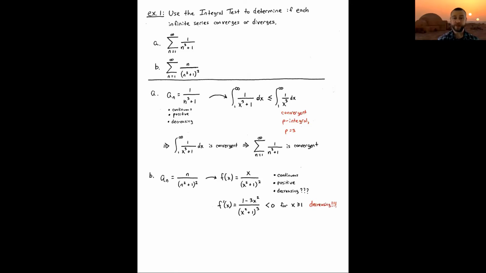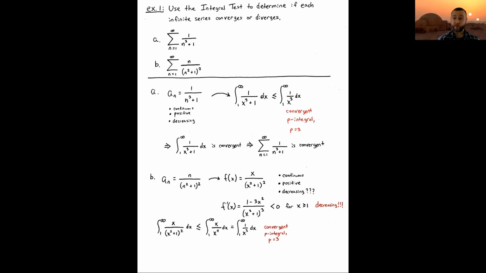And what that means is now that the derivative is going to be negative when x is greater than or equal to 1. And since the derivative is negative, that tells us that we have a decreasing function. So at this point now, all 3 conditions are met for us to apply the integral test.